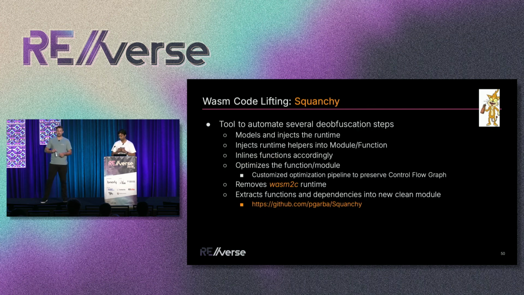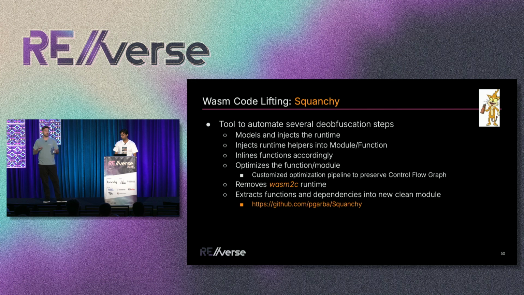So what is Squanchy? Squanchy is a tool to automate several de-obfuscation steps. It models and injects the runtime that will help us to fold the code. It inlines accordingly. One of the things we do is inline the dependencies into the function. It optimizes the function and module. Here we rely on a customized optimization pipeline to preserve the control flow graph in the beginning.